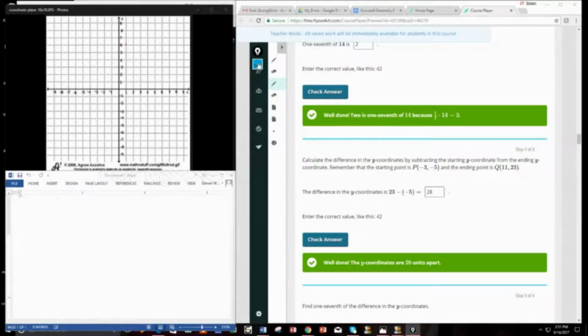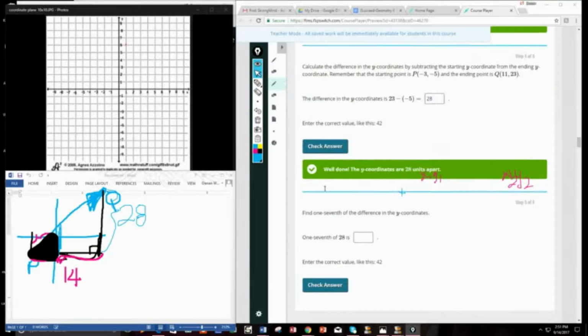Okay, whoops. 1/7 of the difference. And again, this is written out. 1/7 of is multiplication 28. So then you would type it in your calculator, 1 divided by 7 in parentheses times 28, which comes out to be 4.